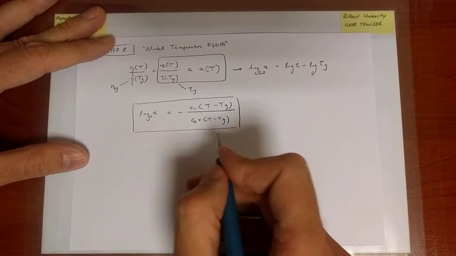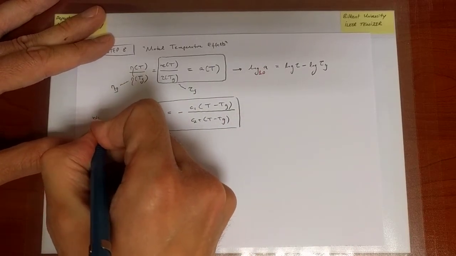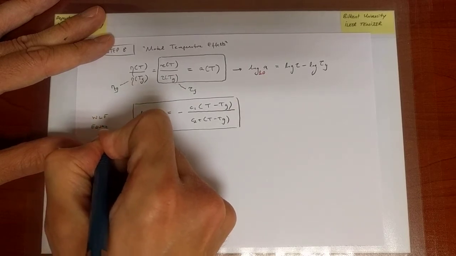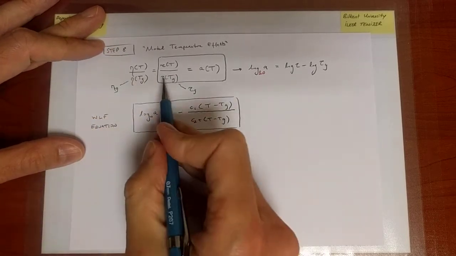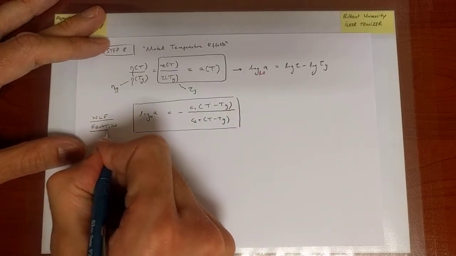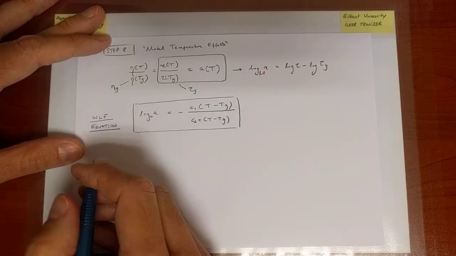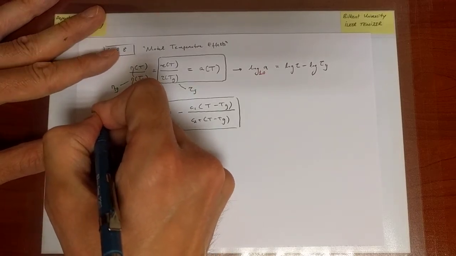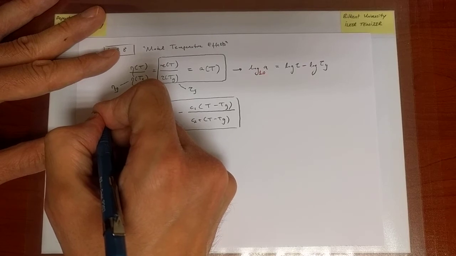This is called the WLF equation. It's a model to relate how the relaxation time depends on the temperature based on the time-temperature equivalence observation that we've stated. And WLF stands for Williams-Landel-Ferry.